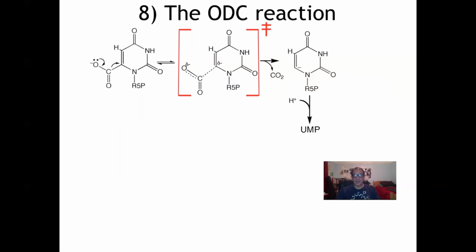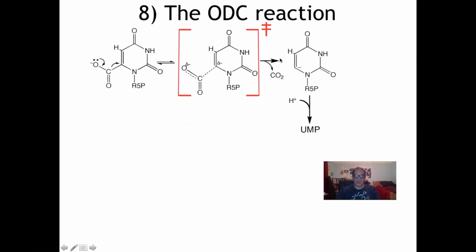Okay, and so this is the transition state. And then finally, we completely break this bond. We release then CO2. Okay, and the other product of this first step is just this UMP anion, where we have a negative charge on the uracil ring. And then to complete the transformation, we need to protonate this carbon atom to generate UMP.